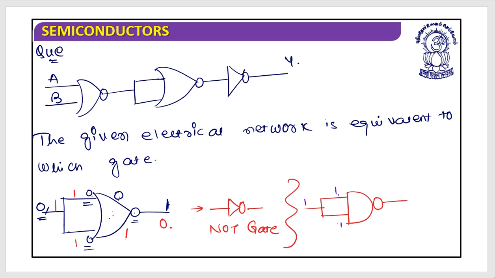When we apply 1 and 1 to the AND, this will be the 1, and through the NOT gate, it would be the 0. Next, let's say we are applying 0 over here, then it's a 0 and 0. The AND operation will give me the 0, and 0 to NOT, it's a 1. So again it is the NOT gate. I hope this is clear.